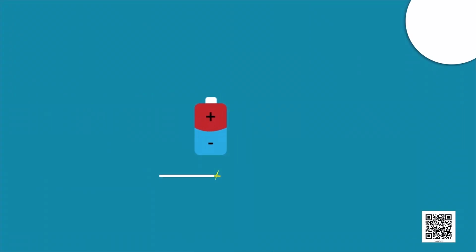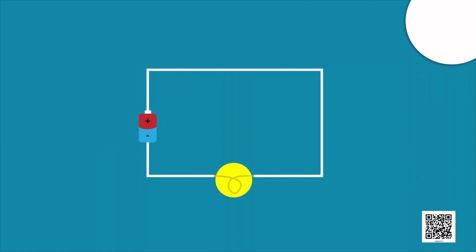When the cell is connected to a conducting circuit element, the potential difference sets the charges in motion in the conductor and produces an electric current. In order to maintain the current in a given electric circuit, the cell has to expend chemical energy stored in it.